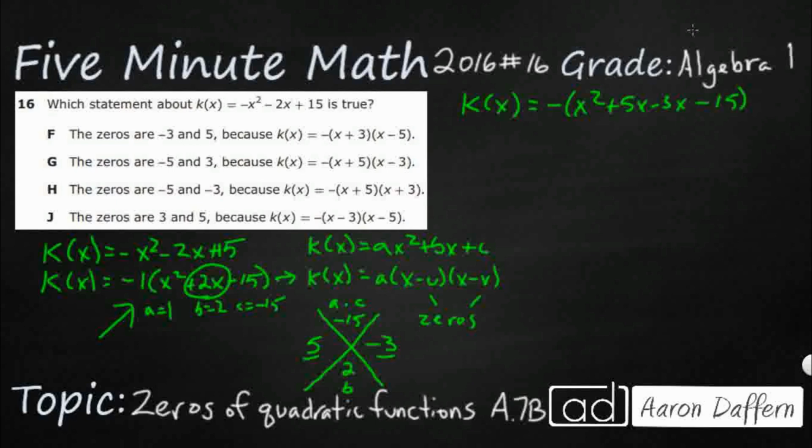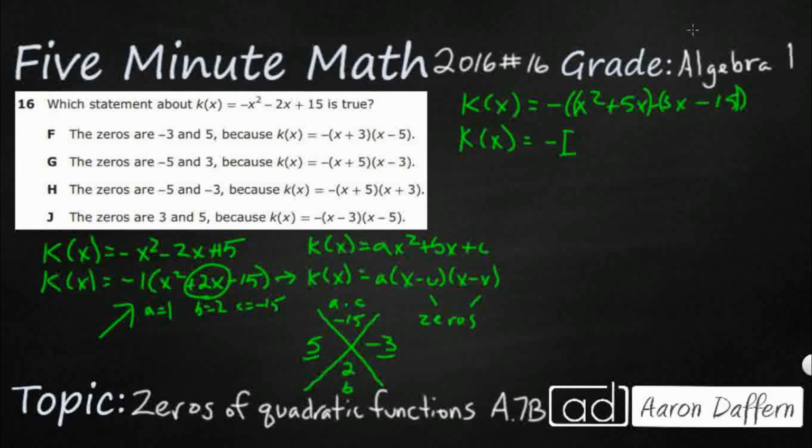Now I'm going to group these. I want to do this section and then this section inside this larger bracket that's being multiplied by the negative, and factor out what's common. What can I take out of x squared plus 5x?